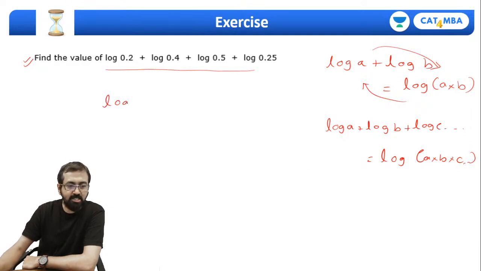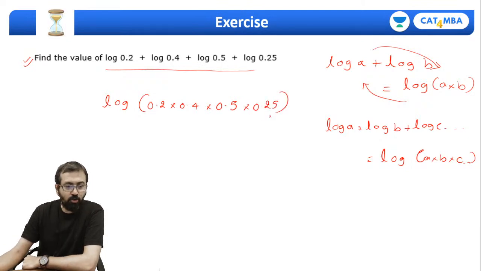Let me write this as log of 0.2 into 0.4 into 0.5 into 0.25. Correct. Now if you observe, you can make some easy pairs. For example, 2 5s are 10, 4 into 25 is 100.